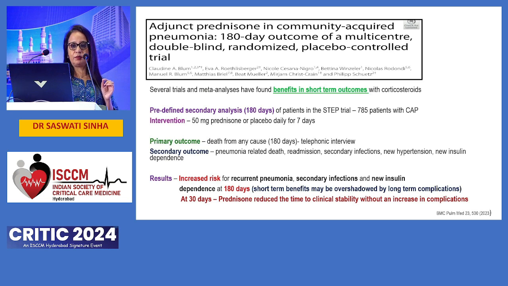But when they followed up these patients for 180 days, so at the end of 6 months, the results were completely different. It showed that in the steroid group, there was an increased risk for recurrent pneumonia, secondary infections, and more people became insulin dependent. So it is important to know that some short-term benefits may be overshadowed by long-term complications. So a lot of these trials, we probably need to see what happens to the patients at a later date.